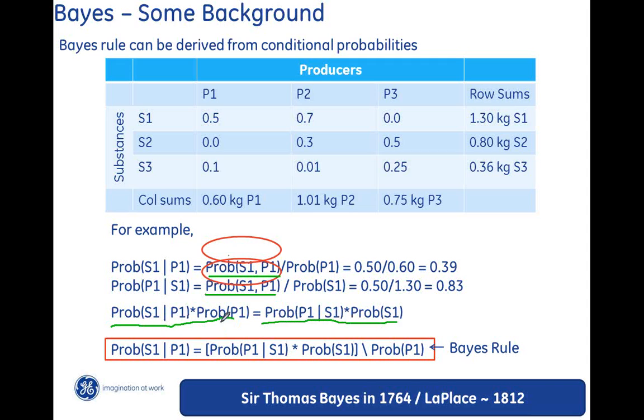If you divide out by the marginal on this side, bring it over here, you're left with this equation. This equation here is Bayes' rule. So all this is saying is the probability of S1 with respect to the fact that I'm only concerned about producer 1 can be expressed by this equation.